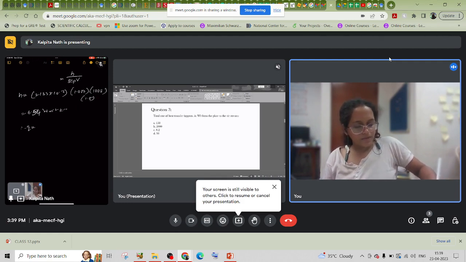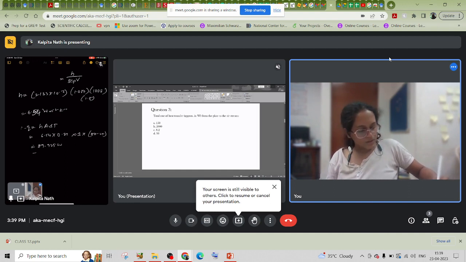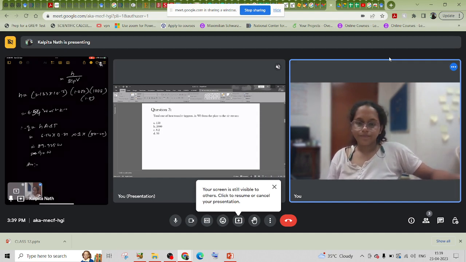Therefore, heat transfer Q is equal to hA delta T is equal to 6.54 into 0.25 into 1 into 80 minus 25. That is equal to 89.925 watt, approximately 90 watt. That answer is option D.